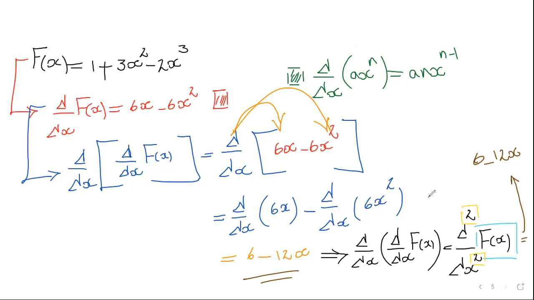Then suddenly the teacher starts to talk about the second derivative out of nowhere on Monday evening. Am I crazy or what? But my friends, give me 1 minute. I'm just going to show you how relevant that is going to be.